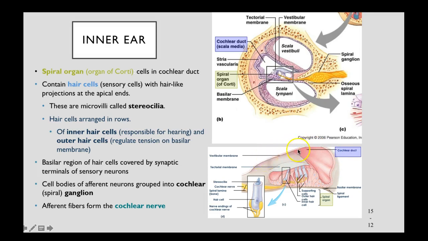Superiorly, we have your vestibular membrane. Inferiorly, we have your basilar membrane. And sitting on this membrane, we have your spiral organ or organ of Corti. Our organ of Corti contains hair cells that are going to essentially transmit sound.